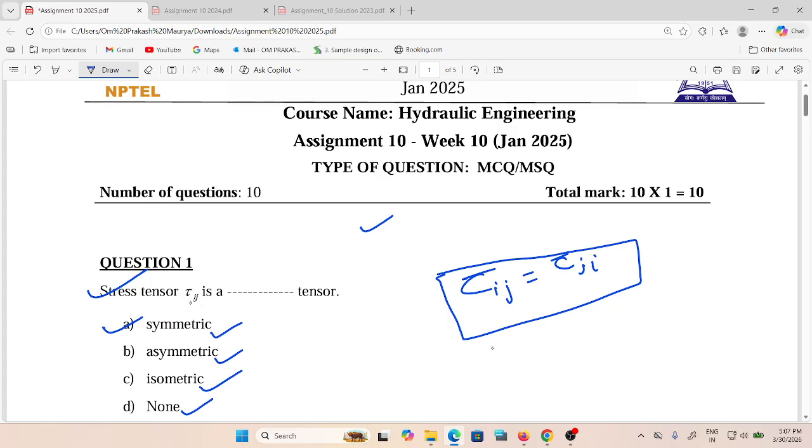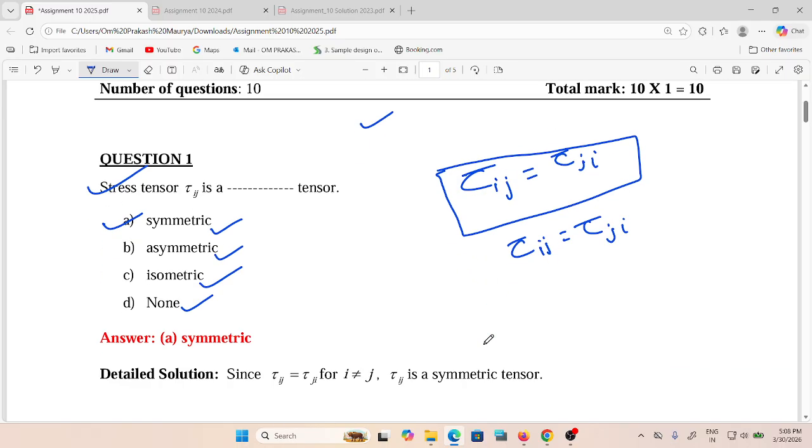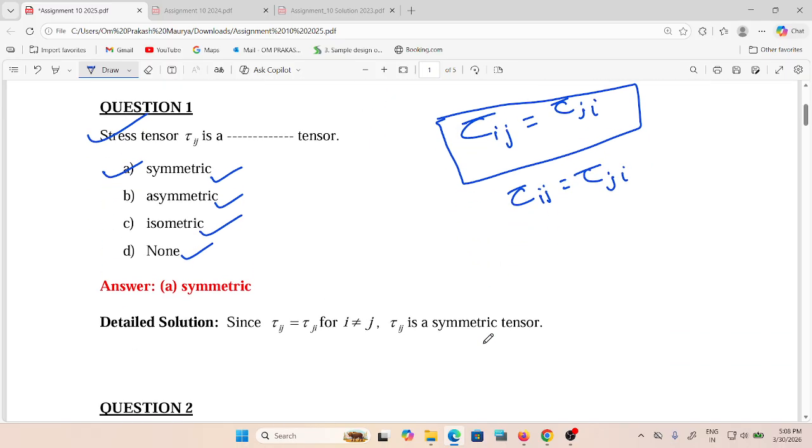So yes, definitely, this is the tau ij, that is shear stress term. You can write like that also. So tau ij is equal to tau ji. You can write very easily. Now I want to explain you a bit more.